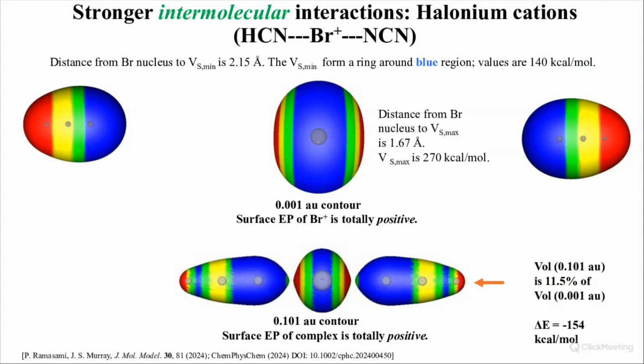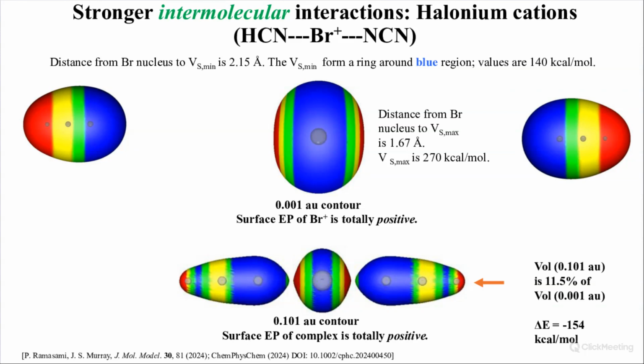And many researchers, Professor Erdelyi and Professor Rissanen in Scandinavia, have made some amazing things with these bromonium ions. When you do a calculation on HCN, Br plus, NCH, you get a big blob, but then look how close.